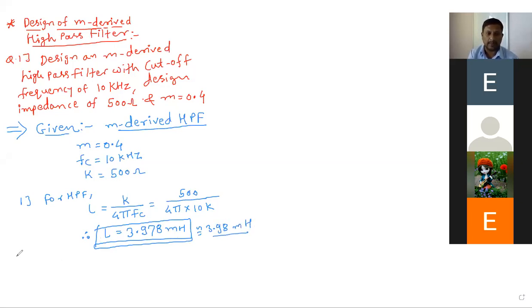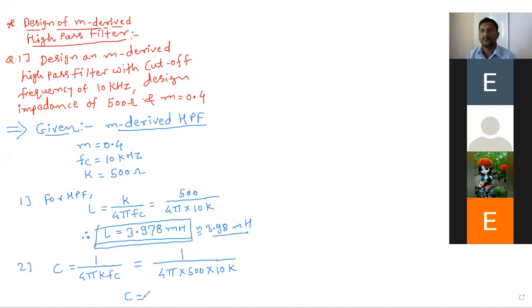Now next, capacitor value C is equal to 1 upon 4 pi K into FC. So 1 upon 4 pi into K value is 500 into 10 k. So calculate the C value and tell. 15.91 nanofarad.